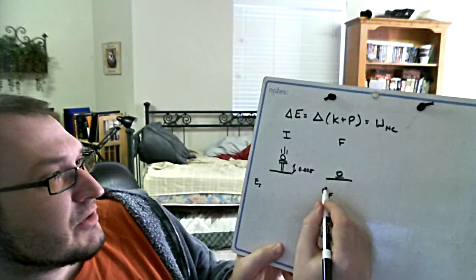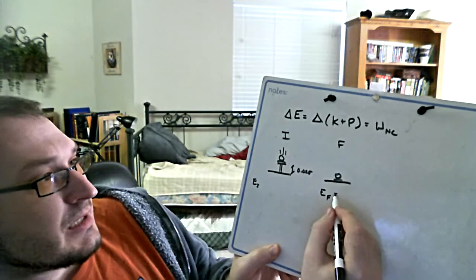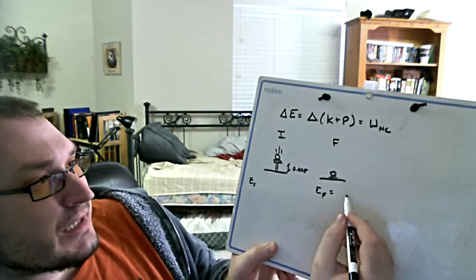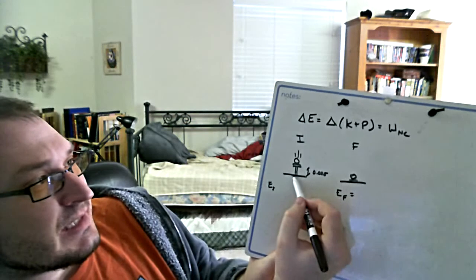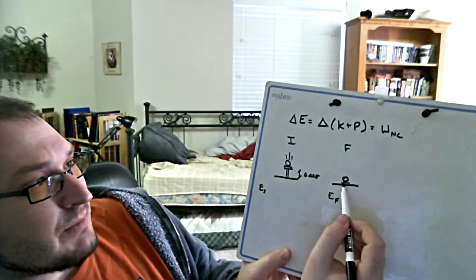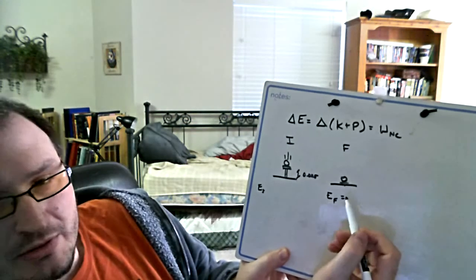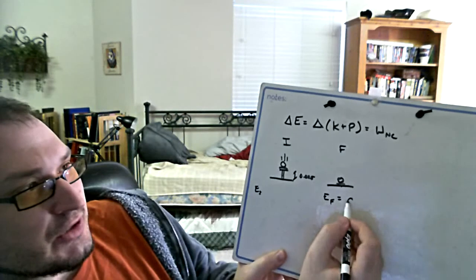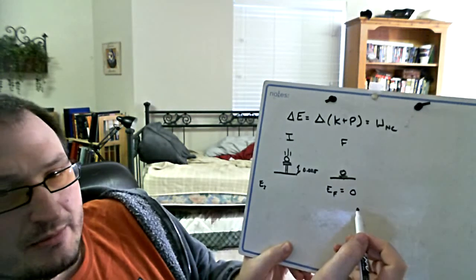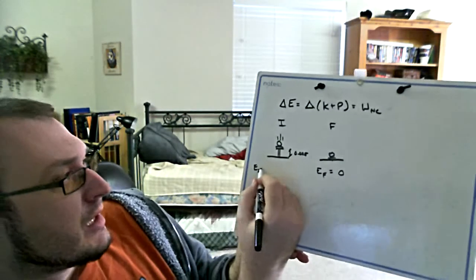The final energy is pretty easy, because certainly I have no kinetic energy. If I set my baseline for potential energy down here, then I would certainly have 0 potential energy, and so the final energy comes out quickly as 0.